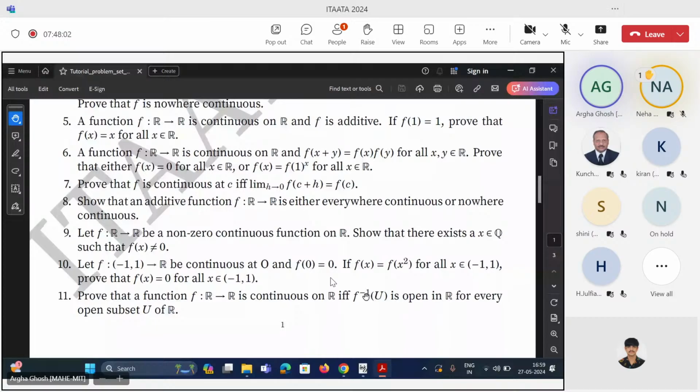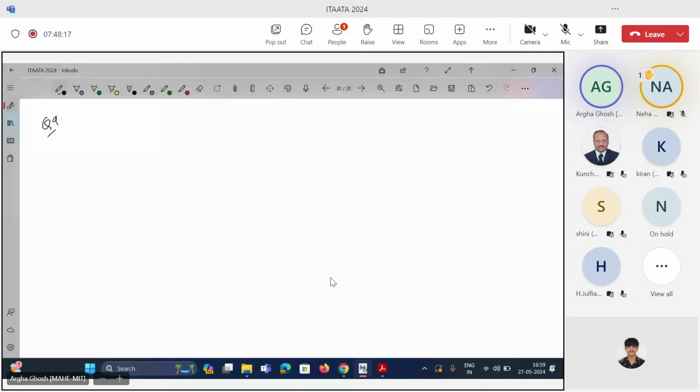Let me write down what is given to us. Given is that f is continuous at 0 and f of 0 equals 0. Second, f of x equals f of x square for all x.